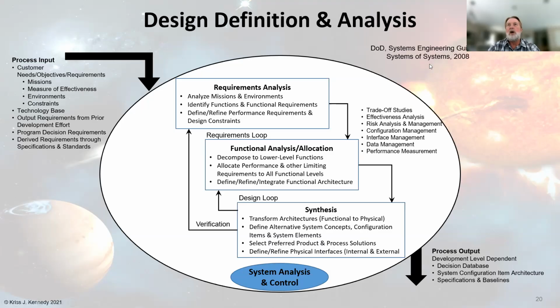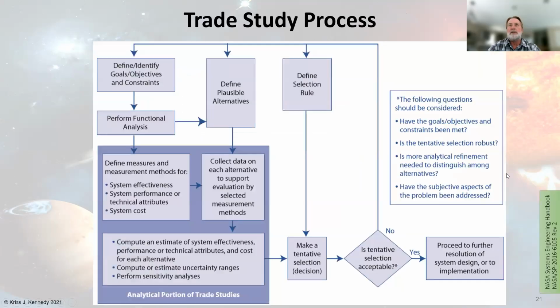So this is how the DoD looks at it. It's very similar to how NASA does it as well. Trade studies are an important part of that analysis and of understanding requirements and performance and function requirements.